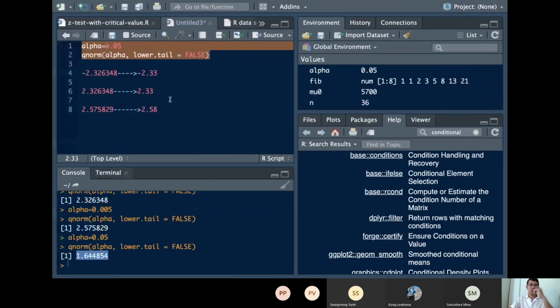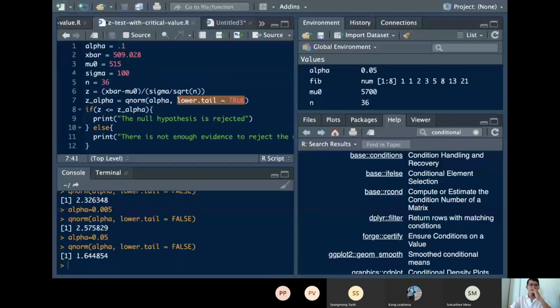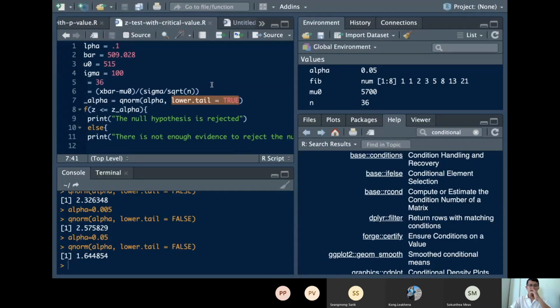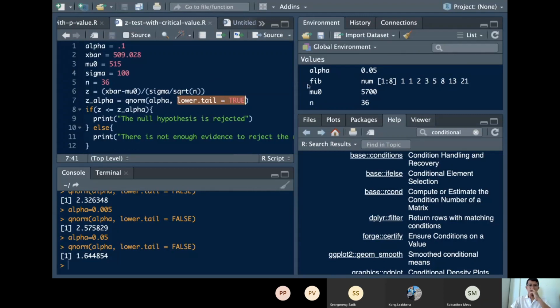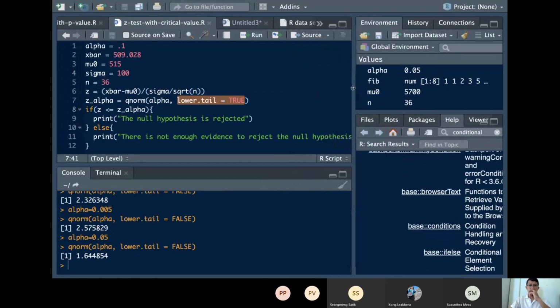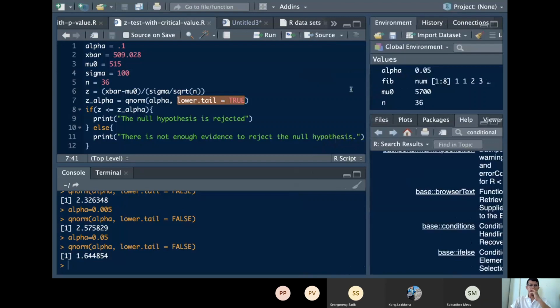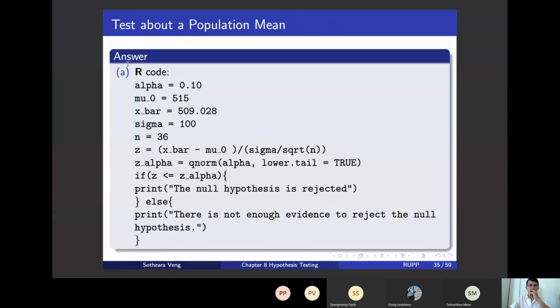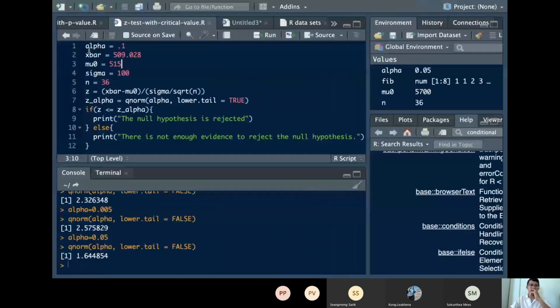So I already have it here. This is alpha, x bar, and I just list down everything, and this is the conditional code.